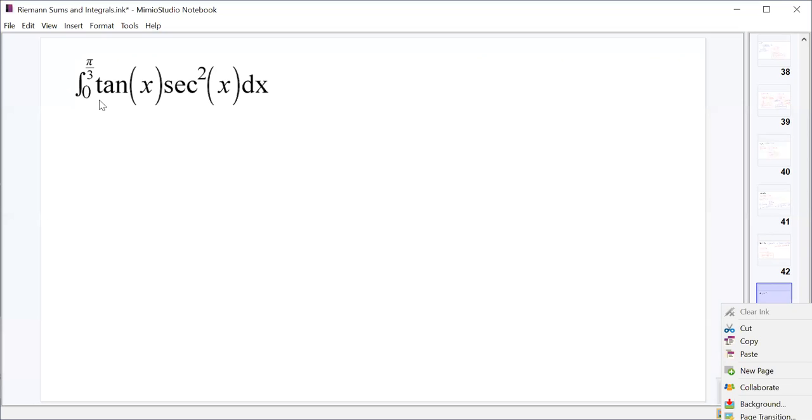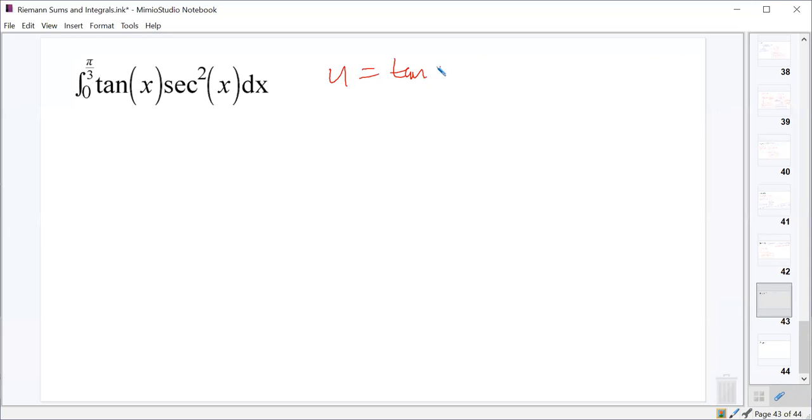So since the derivative of tangent is secant squared, we let u equal tangent x, du ought to be secant squared x dx. So we should be able to rewrite this as an integral of u du. And our 0 and our pi over 3 need to be reevaluated as a u value.